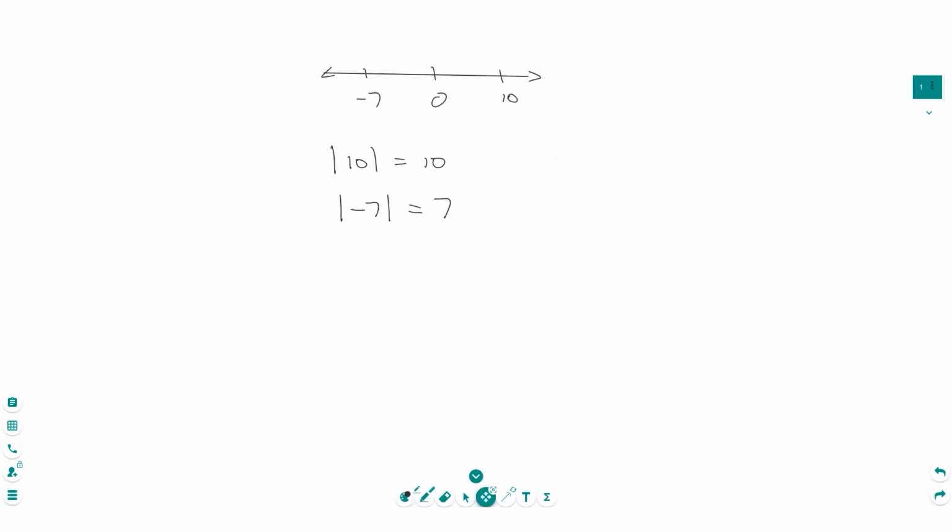Okay, so let's do an equation. These are equations, meaning there's an equal sign in it. Let's say we have something like this: 2 times the absolute value of x plus 8 equals 28.